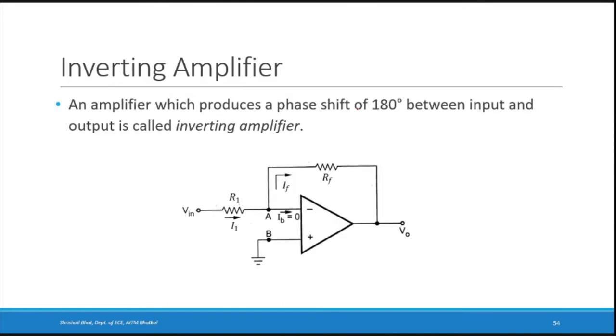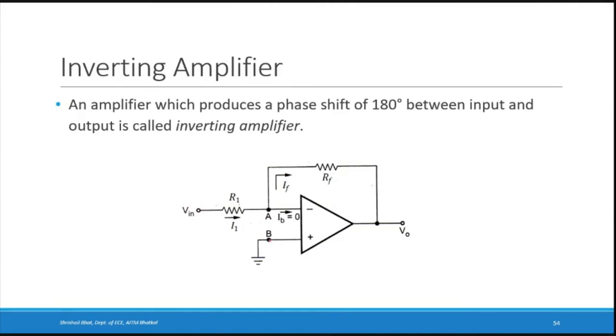Now you know the concept of virtual ground, right? If one of the input terminals is grounded, there exists a virtual ground on the other input also. That means VA is equal to VB.